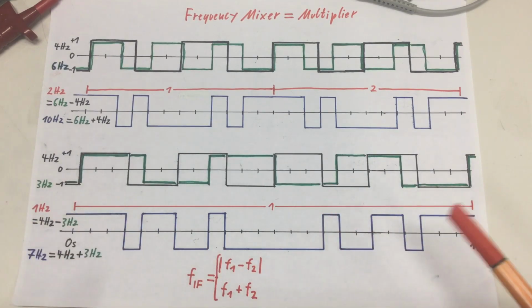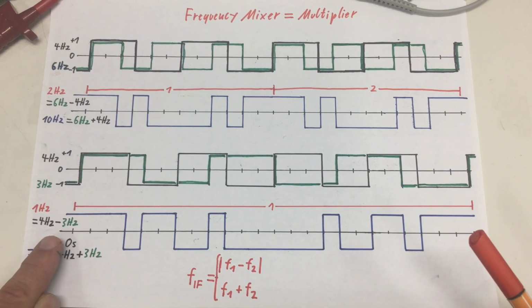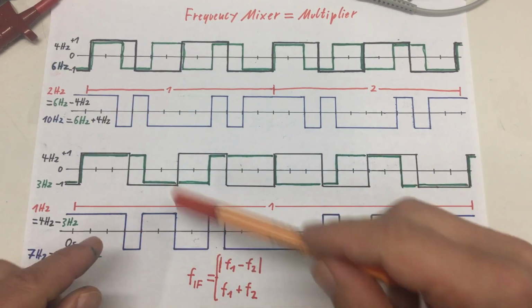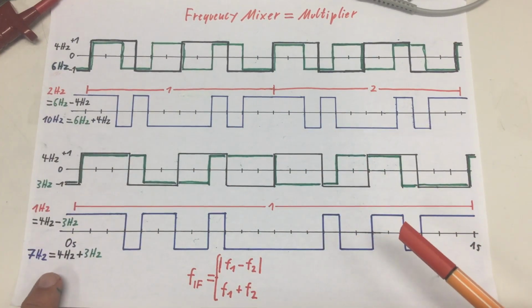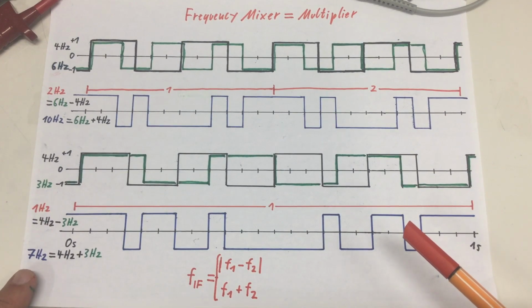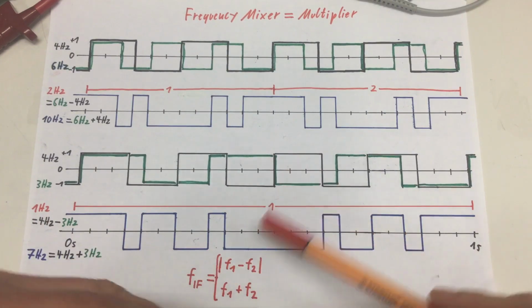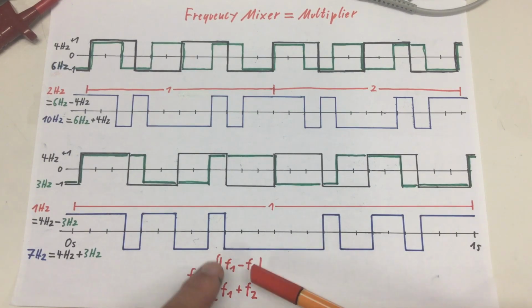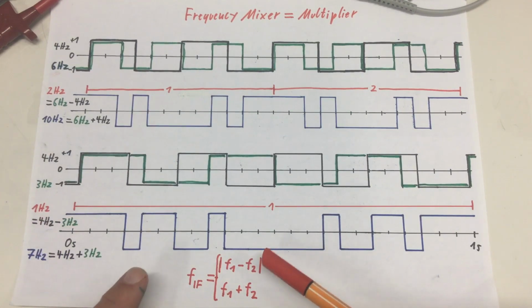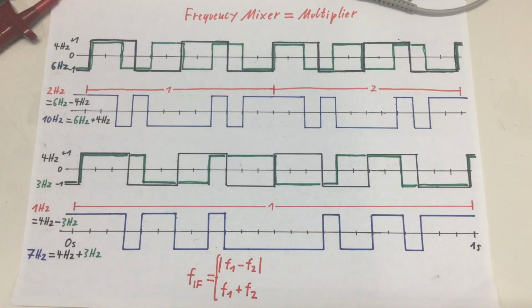So our output, or intermediate frequency signal, is 1 Hertz, which is 4 Hertz minus 3 Hertz. And the grizzle here is higher frequency stuff. Again, it's the sum of our 4 Hertz and 3 Hertz input signals, that is 7 Hz. So our intermediate frequency output is a mix between the absolute of the difference between the two input frequencies and the sum of the two input frequencies.